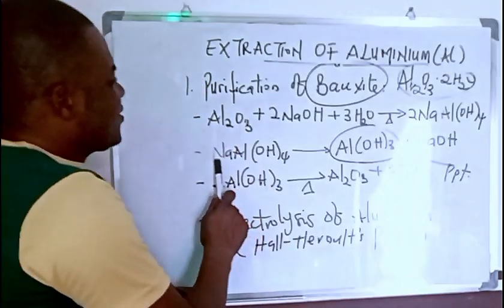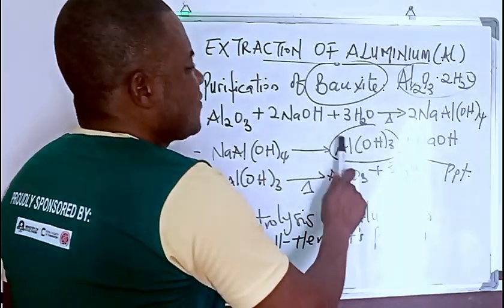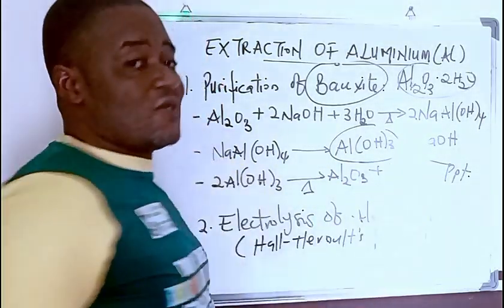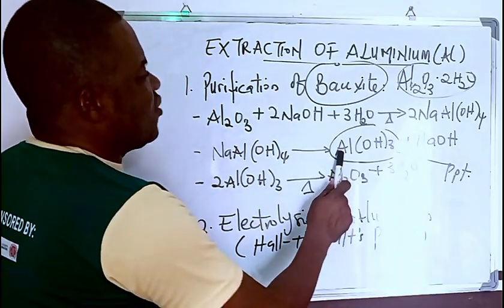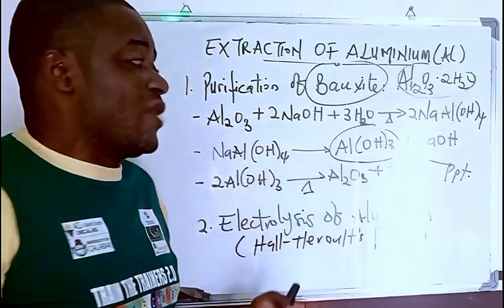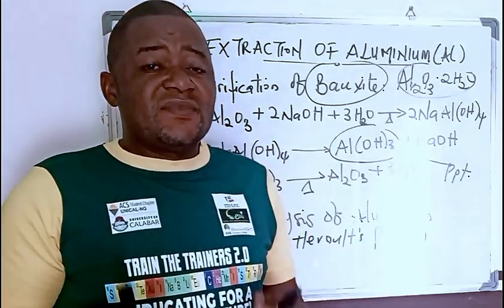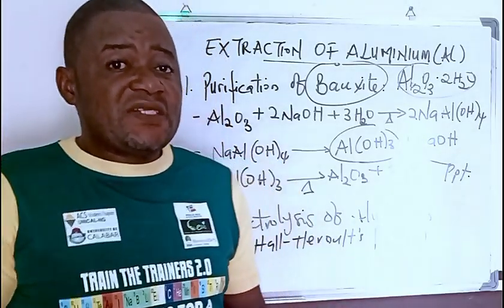Sodium hydroxide as caustic soda can be reused for other processes, while the aluminum hydroxide can be collected. Remember that aluminum hydroxide at this point can be crystalline. It can be crystallized in nature.